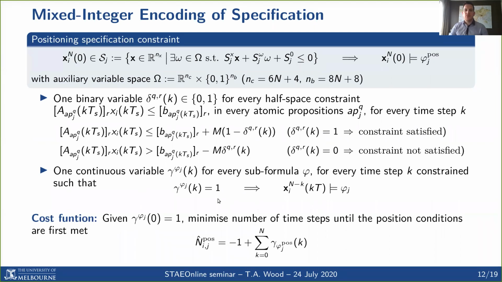It relies on the fact that we here only say that the auxiliary variable being 1 implies that the specification is satisfied, and not the opposite. So the specification being satisfied at a particular time step does not mean that the auxiliary variable corresponding to it is necessarily 1.